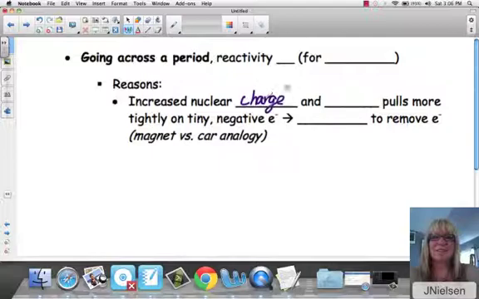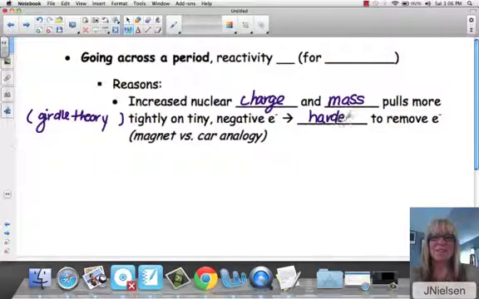So I'm increasing my magnet and mass because protons add mass, and therefore it pulls more tightly on the negative electrons. Remember this right here, this pulling more tightly is the girdle theory. Sucking them in. Therefore, it is harder to remove electrons.